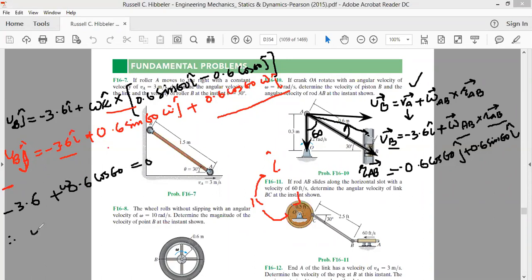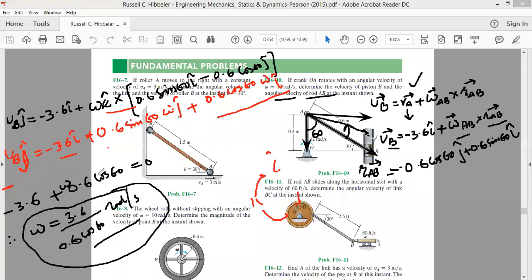Therefore, we'll get the value of omega. Omega will become equal to 3.6 divided by 0.6 cos 60 radian per second. This is the value of omega, the angular velocity we had to find.